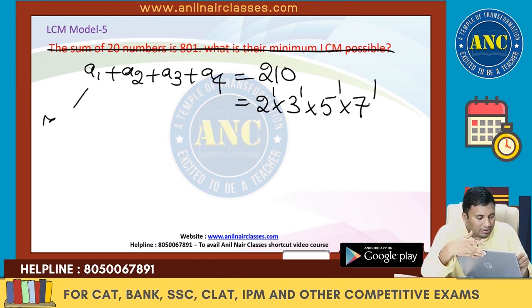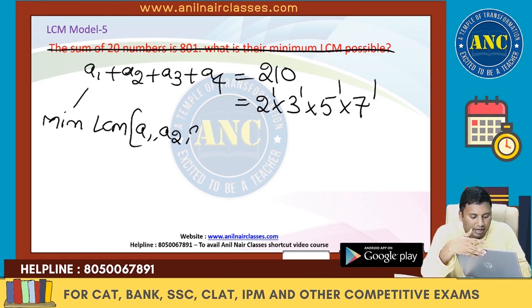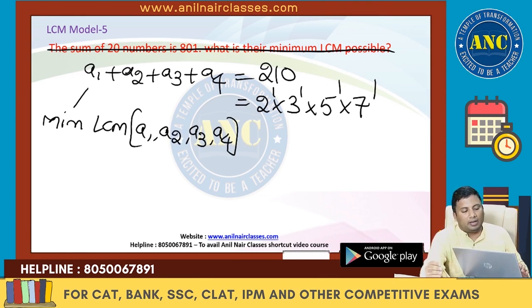Question is, I want minimum LCM of A1, A2, A3, A4. To get the minimum LCM, there are 2 cases.